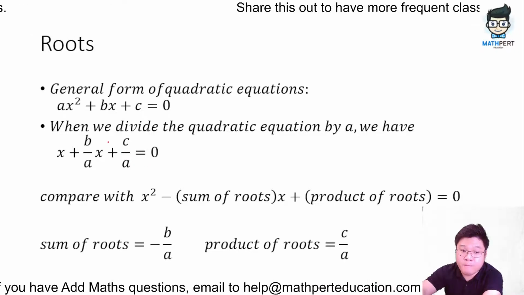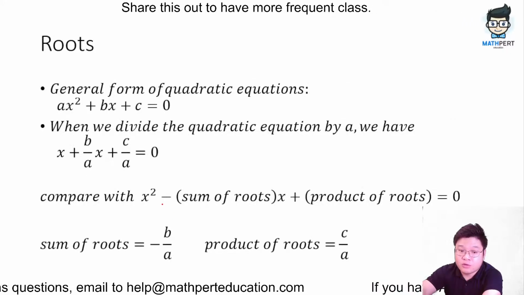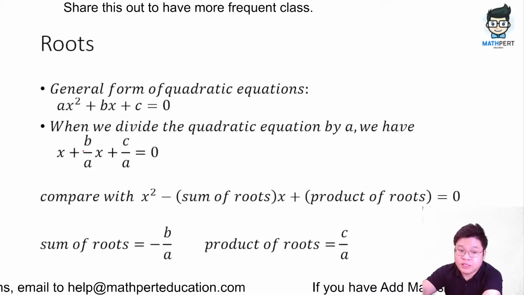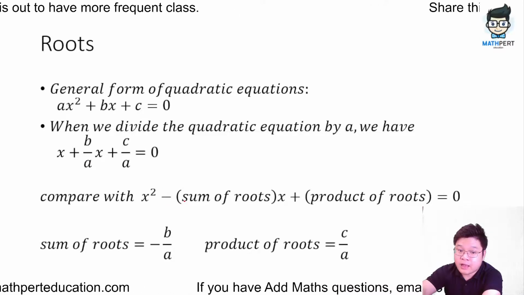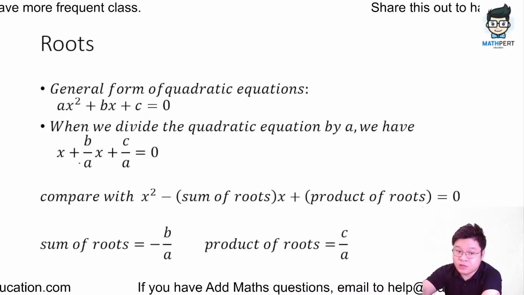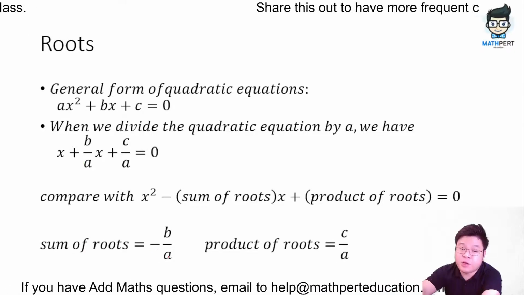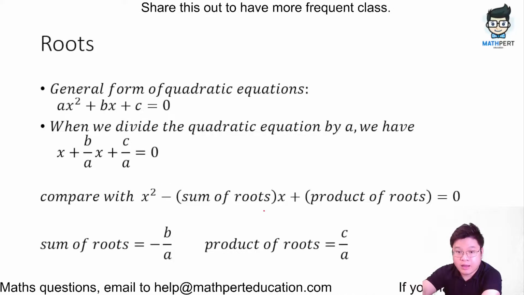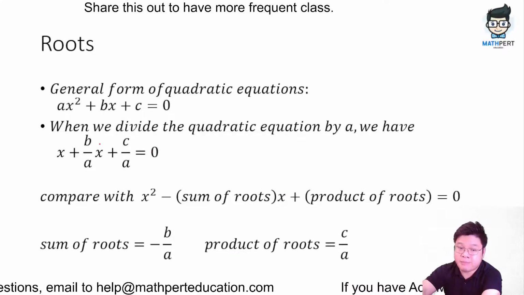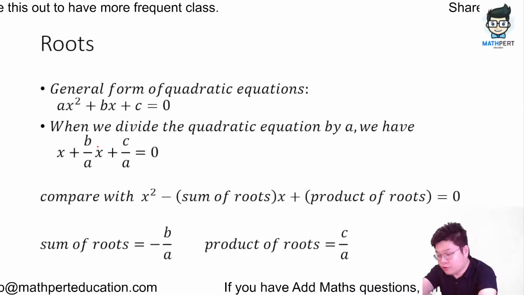Now we can compare with the equation that we got from here. There's a negative over here, so negative sum of roots is equal to b over a. So sum of roots is equal to negative b over a. Then product of roots is c over a. And this is how you get your sum of roots and product of roots.